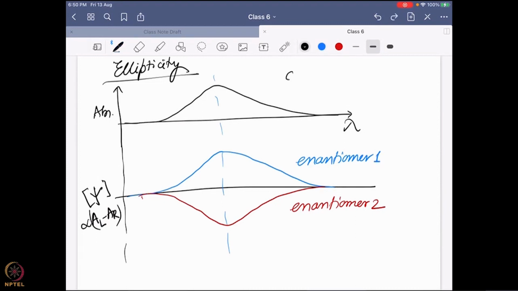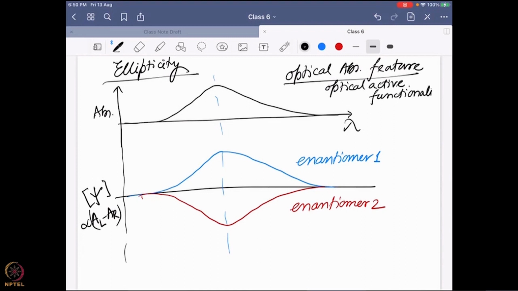So if your particular optical signature, what do I mean, an optical absorbance feature, if that optical absorbance feature is actually connected to an optically active phenomenon or optically active functionality, only then this particular absorbance will show an ellipticity.